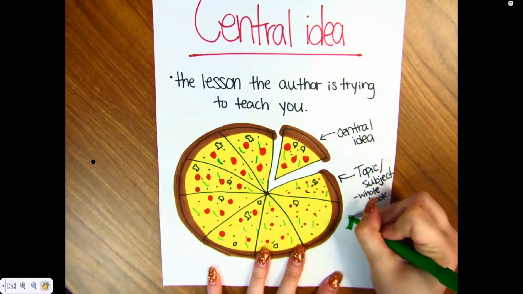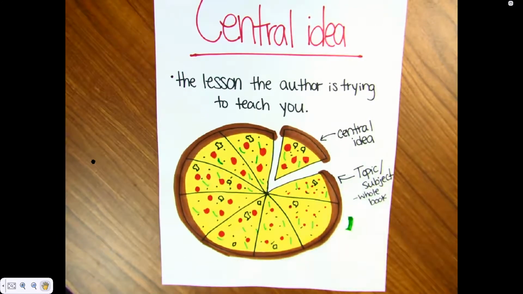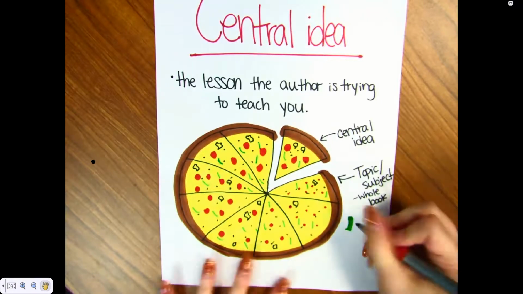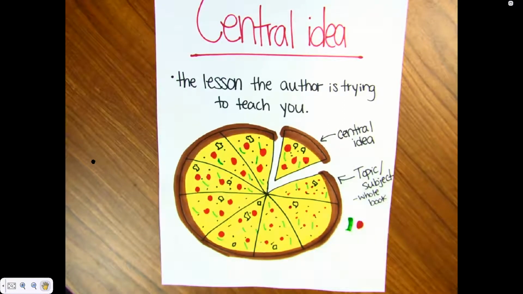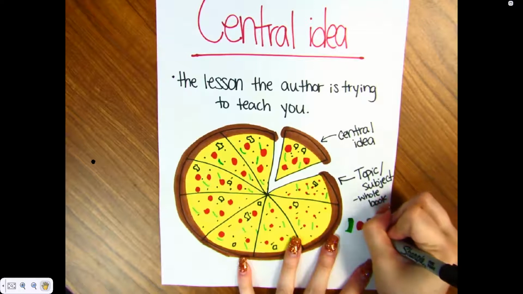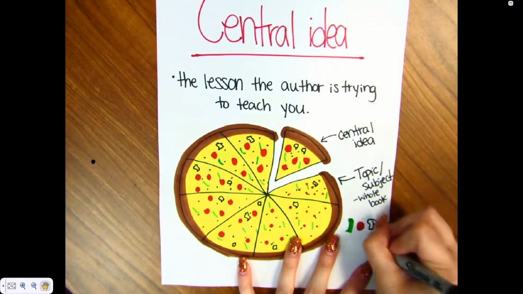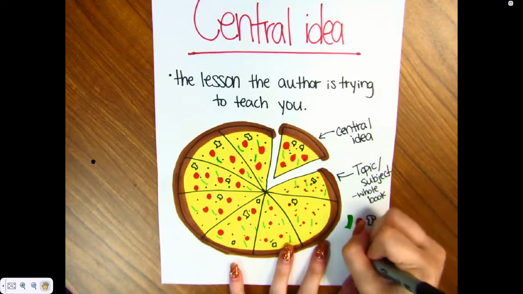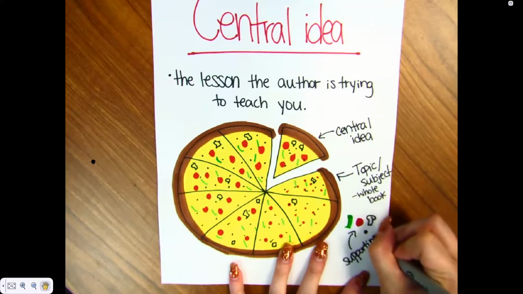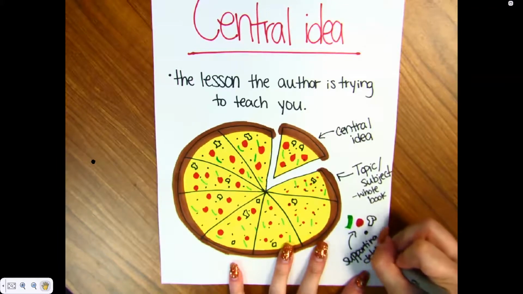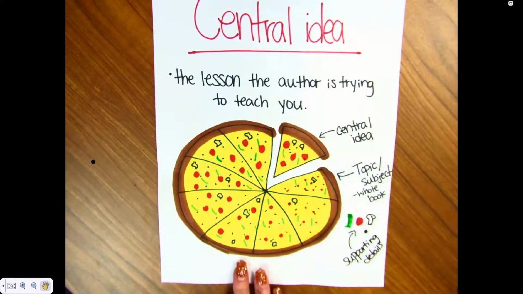Your author is going to give you a lot of supporting details, because if your author only gives you a few supporting details, then you're not going to be able to get the whole picture, right? And you might not be able to say, well, I know that's the main idea because these are the details the author gave me, right? So these are our supporting details, okay?